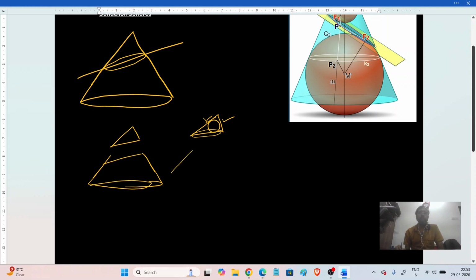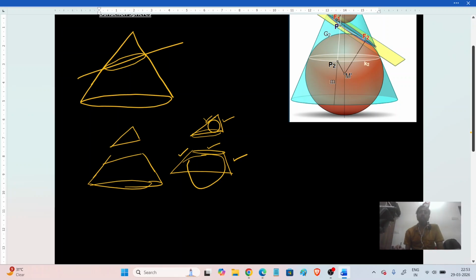Same goes for the lower piece of the cone. You have to have a sphere which just touches all the three sides, that is to say the sides of the cone and the elliptical cross section that the cutting has created.